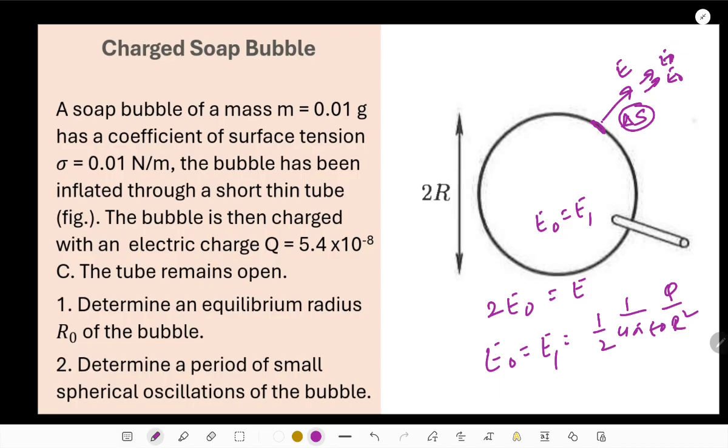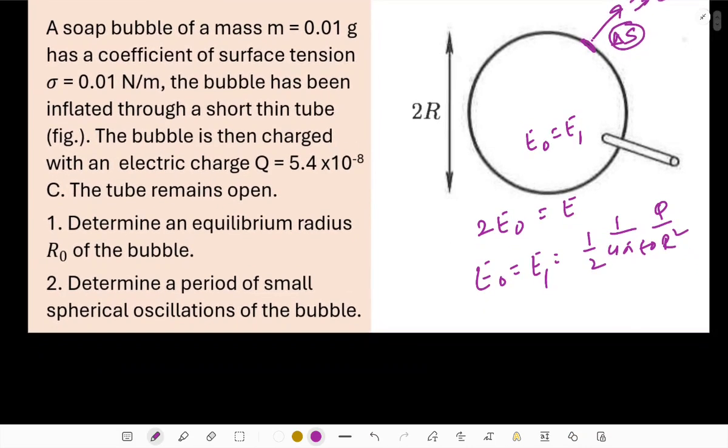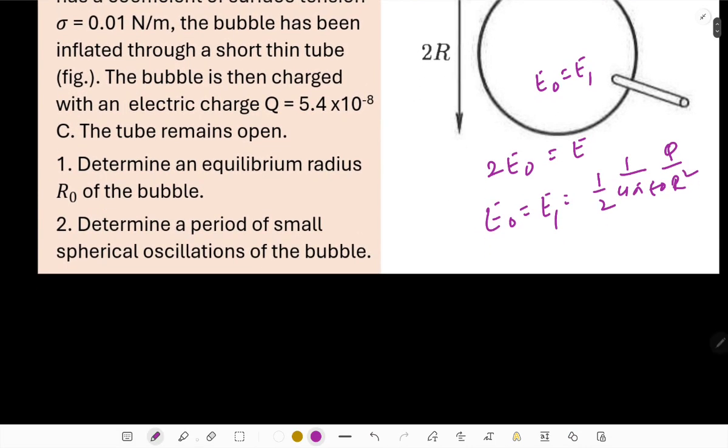This will be the electric field produced on this small element delta S. And so the electric force on the bubble, which I would like to write as Fe, will be the small charge on this small element delta S multiplied by E0 or E1, whichever you like.